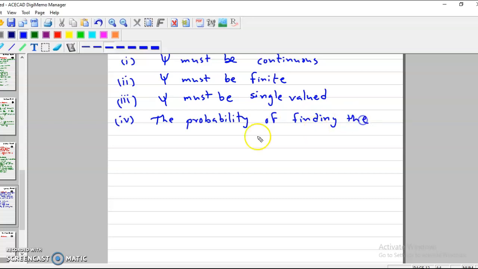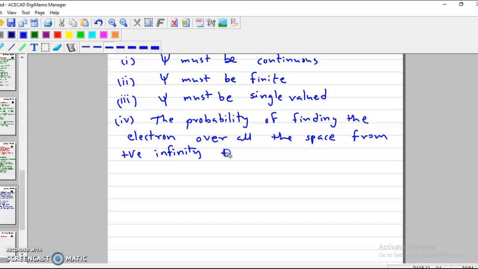and therefore the probability of finding the electron overall the space from positive infinity to negative infinity must be equal to 1.